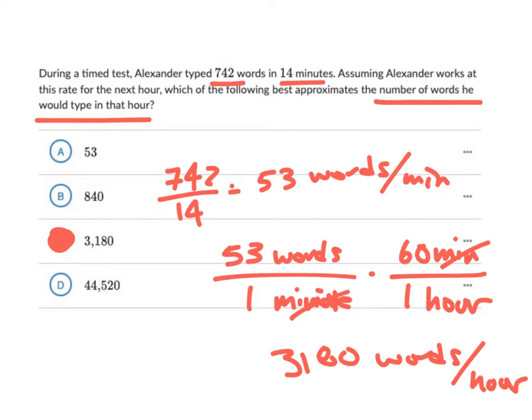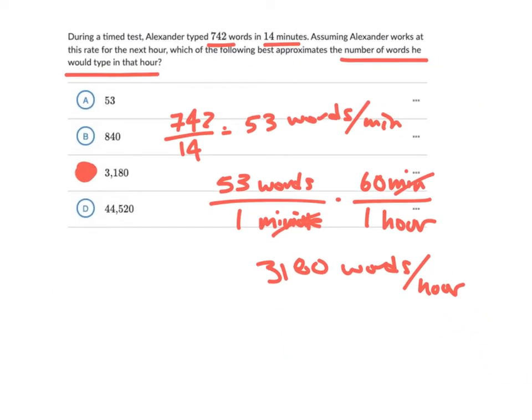It's pretty weird. The other way to do this is to set up a proportion. If you're typing 742 words in 14 minutes, what's the equivalent to that out of 60 minutes? And you could set that up. How'd you do it?